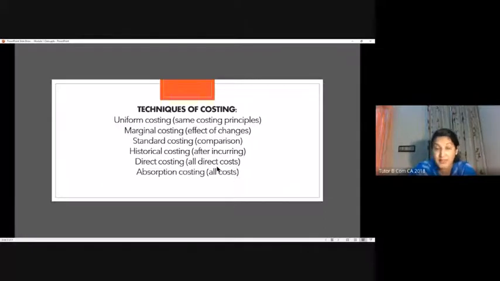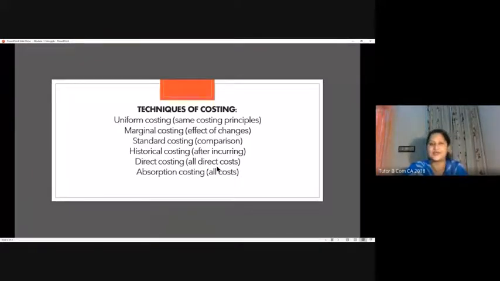But for an immediate decision, the impact of cost on the variable aspect is more important for us, right? So we look at the impact or effect of changes immediately falling on the finished product when we are talking about a particular decision. So that's marginal costing. The additional cost incurred because of a particular decision will be taken care of in the marginal costing technique. I'm not going into detail because we are yet to learn marginal costing in detail.